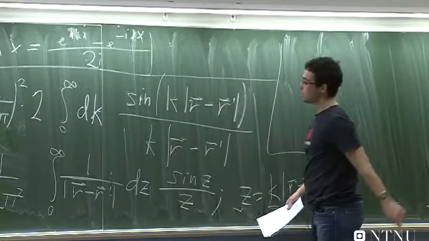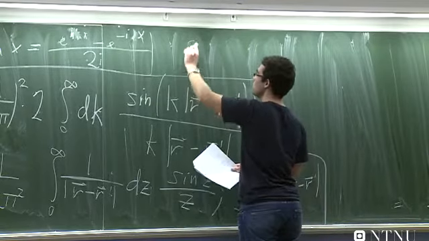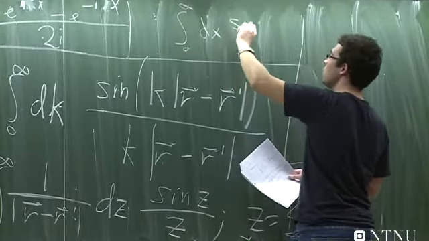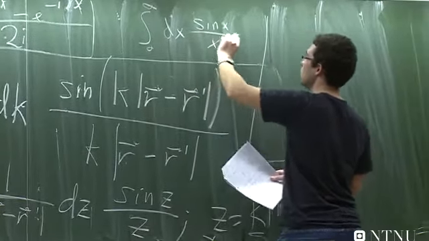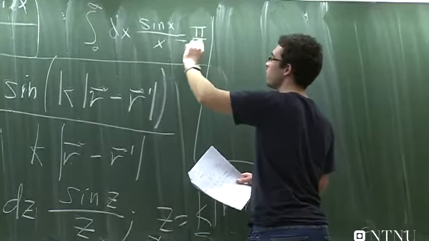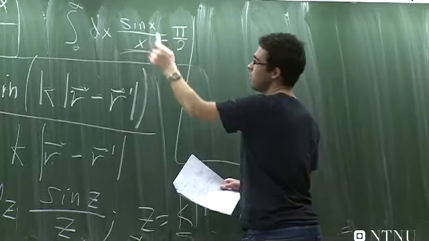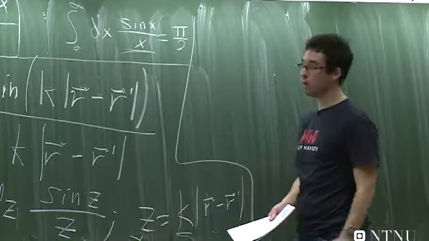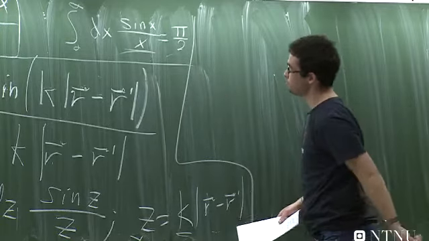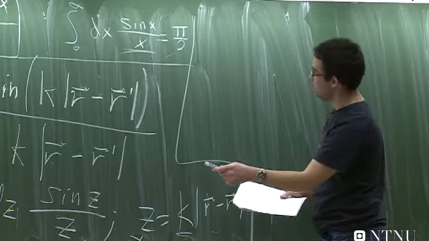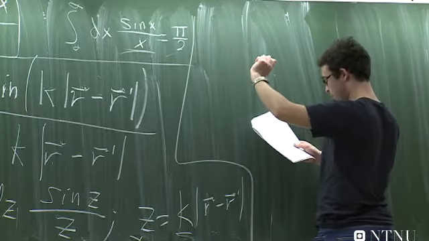It's a well-known fact that the following integral, 0 to infinity dx sine of x over x, is equal to pi halves. So this 1 over x makes sure it decays, the sine makes sure it oscillates, and the integral converges to pi halves. So the integral just gives me pi halves, and I get out the Green's function.